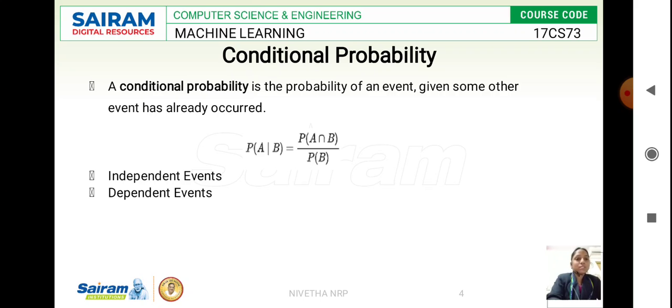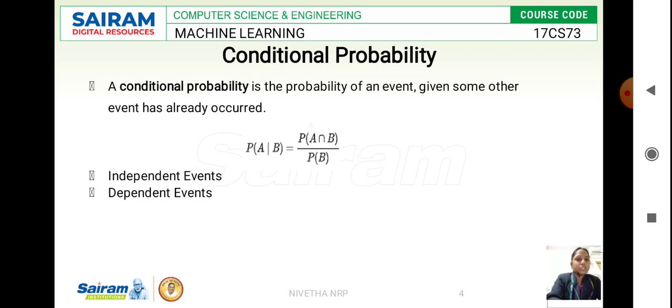We'll see what is conditional probability. The conditional probability is nothing but a condition will be given, and the execution will happen after the execution of one other process. If you have two events, one event will be occurring, and based on the outcome of that event, your other event will take place.